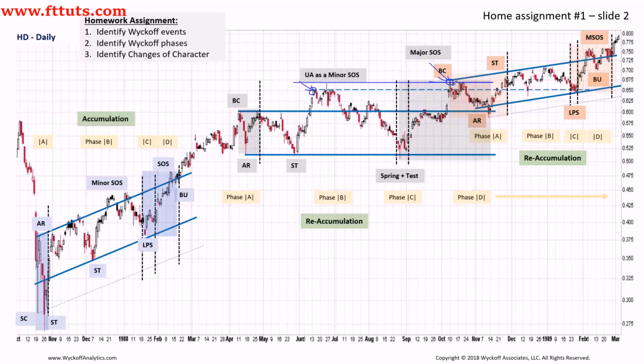Now, the next problem that we have here is the backing up action itself. The backing up action actually looks very normal. There is no increased spread to the downside that we see here, which is great. That tells us that supply is going lower. It actually comes to the level of the buying climax and then stops there and acts as a spring, comes back into the trading range. So everything looks normal.